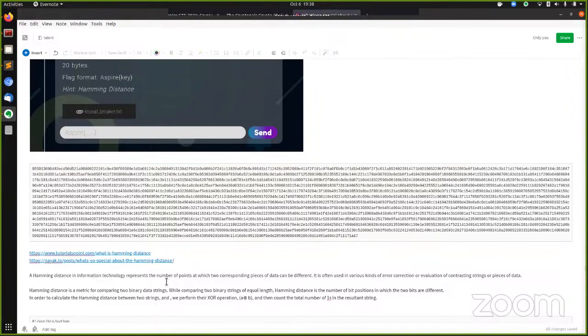Mostly when we are using it in cryptography, we deal with bits, so that's binary data, and we compare the bits that are different. So let's say 1001 and 1000. There is one difference.